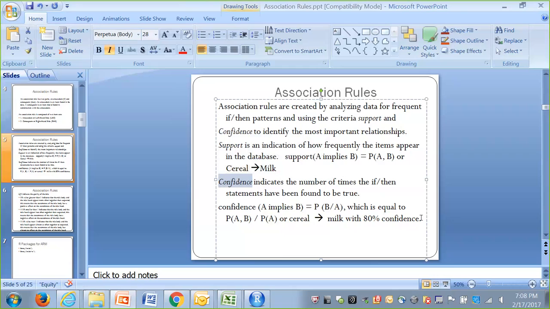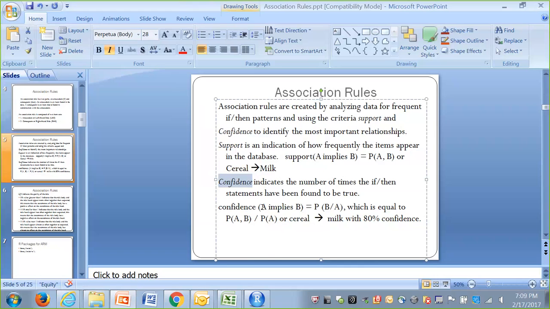And you'll look at it right here. So you're basically saying A implies B, or cereal to milk. So that confidence is always going to be a percentage of that total. The support is really a number, but it's also implied as a percentage. So we'll look into that.